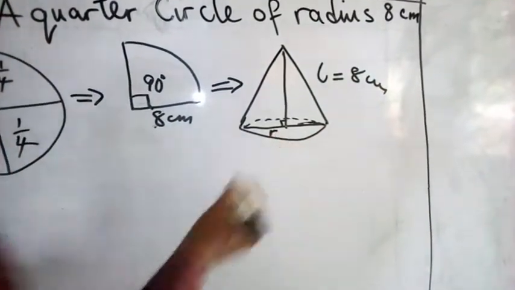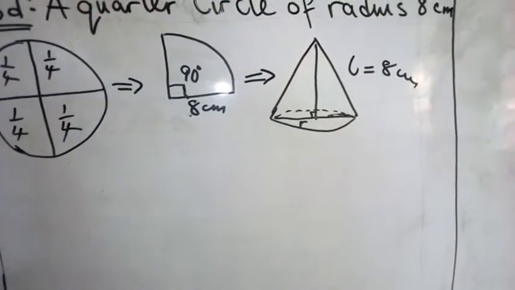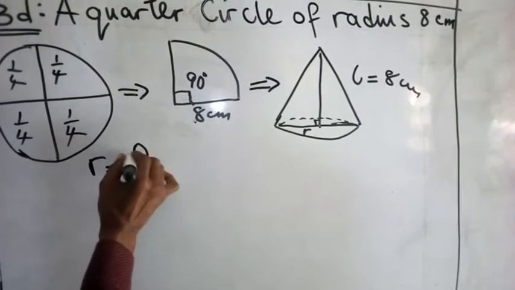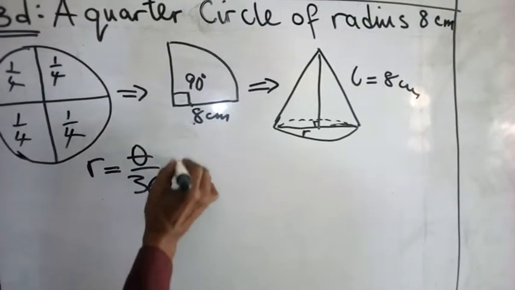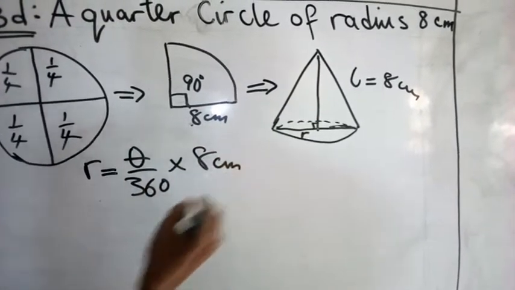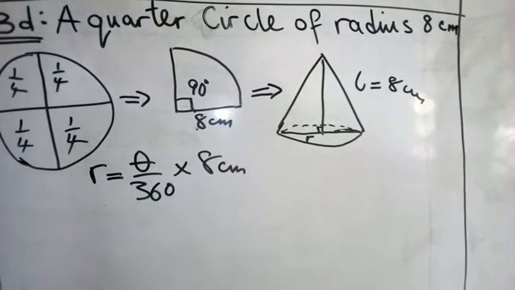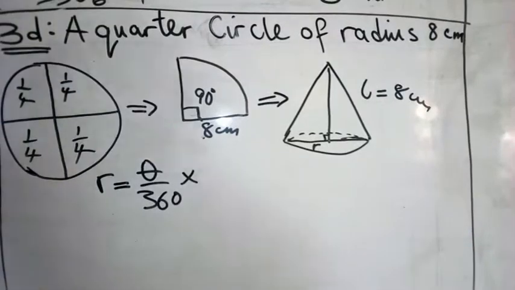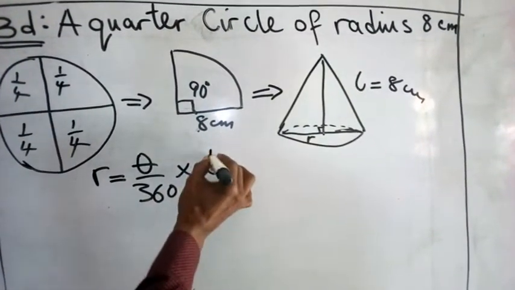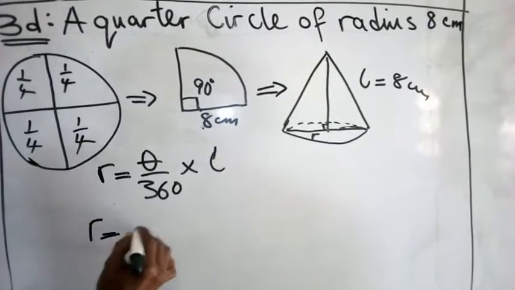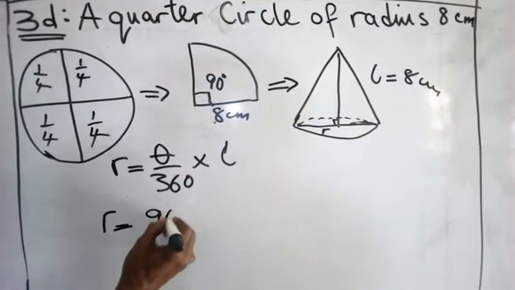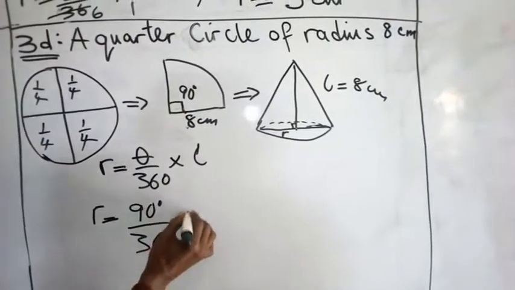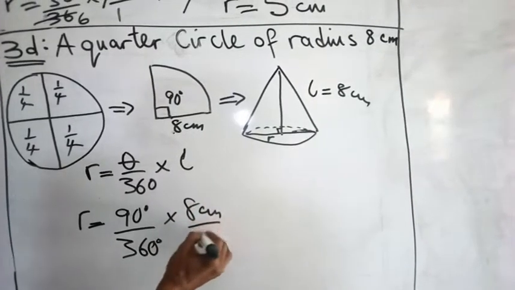So we are looking for the radius. Let's bring out this radius immediately. Radius is theta all over 360 times slant height, which is 8 cm. Let us follow the normal procedure. So radius in this case, the theta there is 90 degrees, all over 360 degrees times 8 cm all over 1.